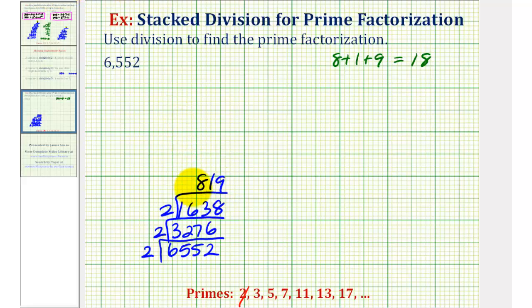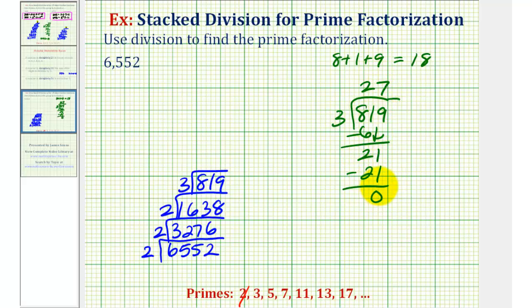Which means now we'll divide by 3. There are 2 3's in 8. 2 times 3 is 6. There are 7 3's in 21. And there are 3 3's in 9. 3 times 3 is 9. We have a remainder of 0.